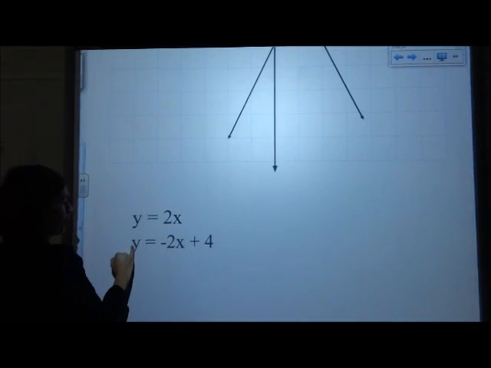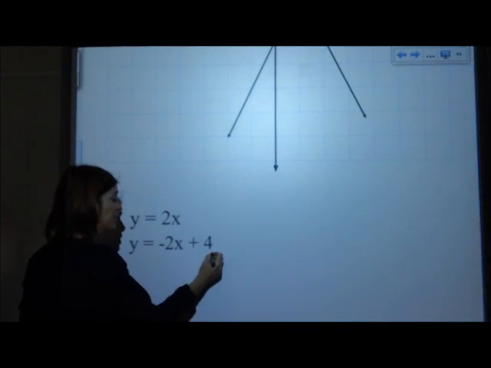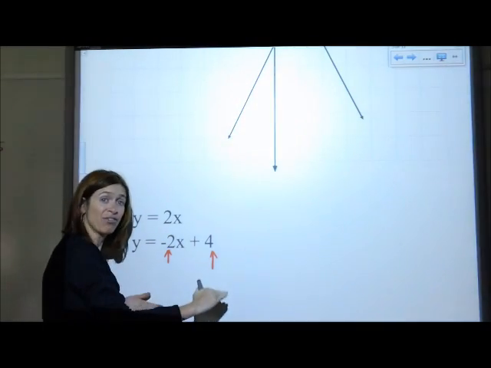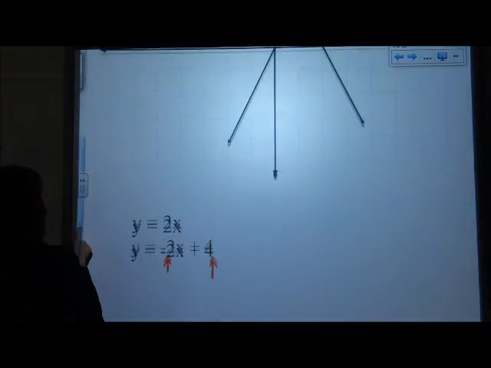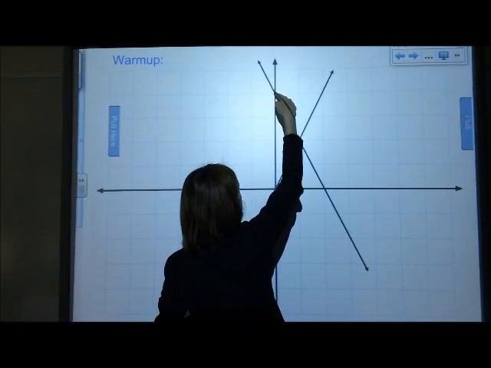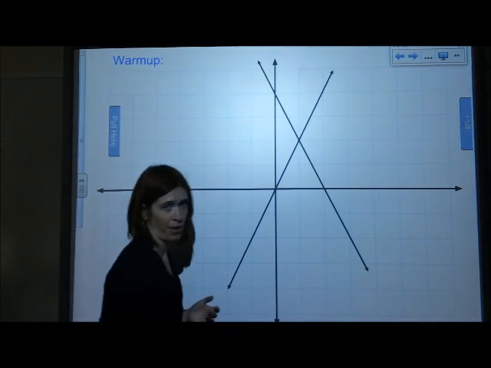The second equation, y equals negative 2x plus 4, my y-intercept is 4, my slope is negative 2, so I know that my line is falling. I'm going to go ahead and graph that. So I go up to my y-intercept of 4, I go down 2 to the right 1, plot my points, and graph them.